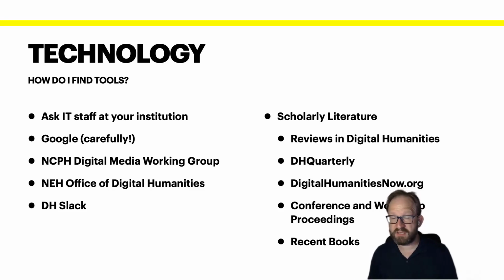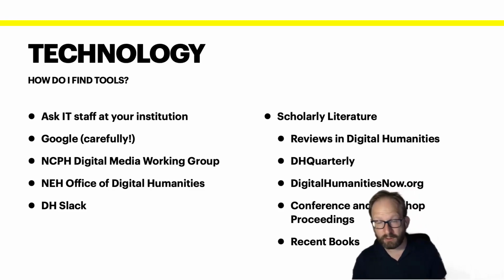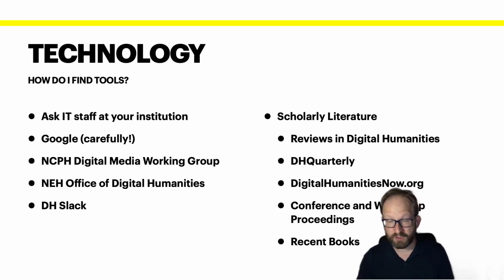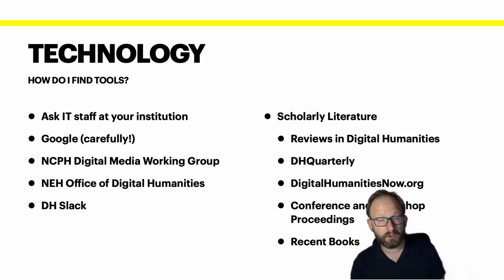Reviews in Digital Humanities, which is a monthly journal that launched earlier this year, offers in-depth reviews of projects and tools. DH Quarterly and Digital Humanities Now are both online resources that regularly highlight different tools and different projects. And of course, you can look at conference and workshop proceedings and the publication of recent books to see what the state of the field currently looks like.